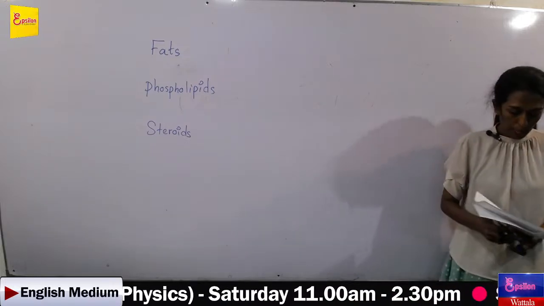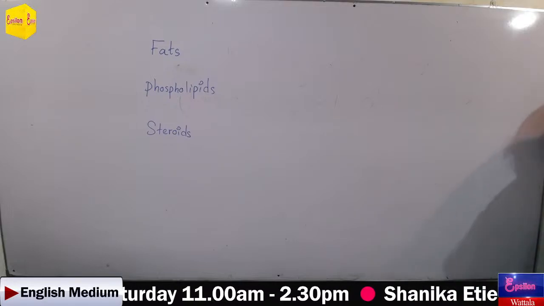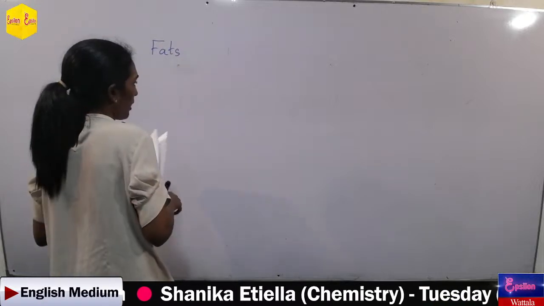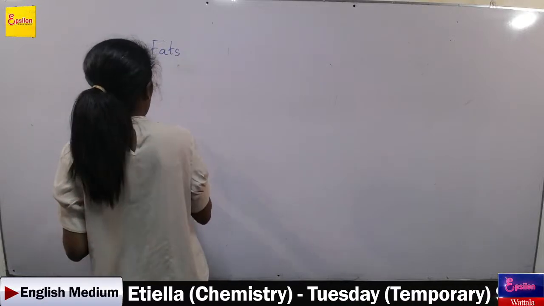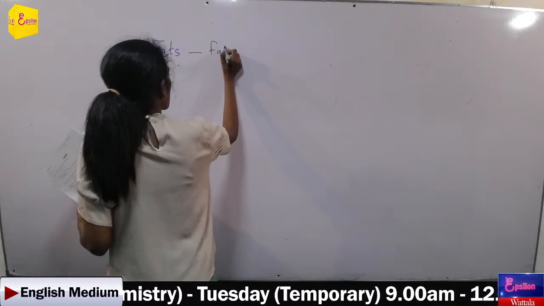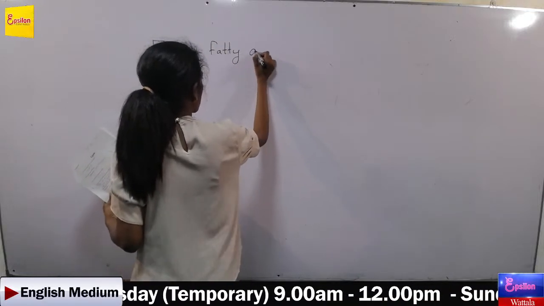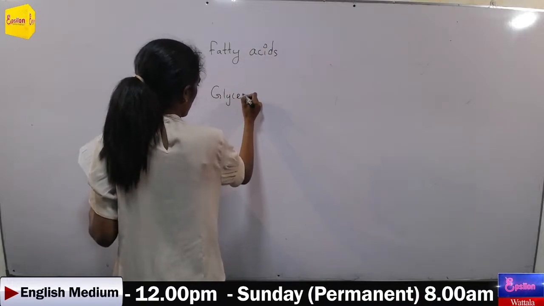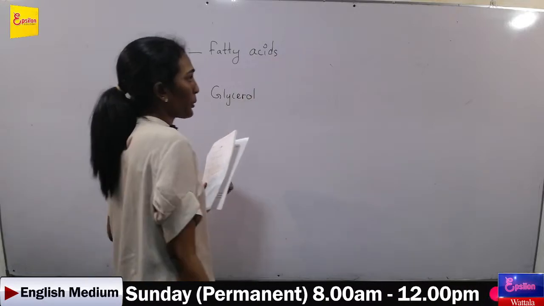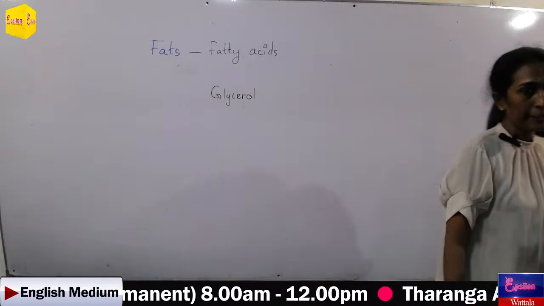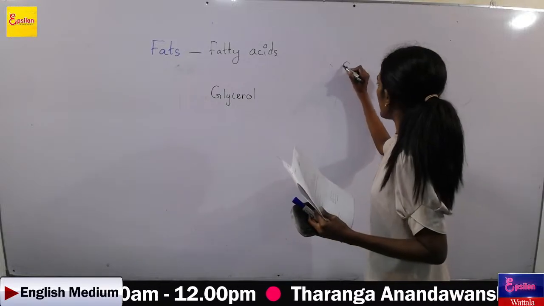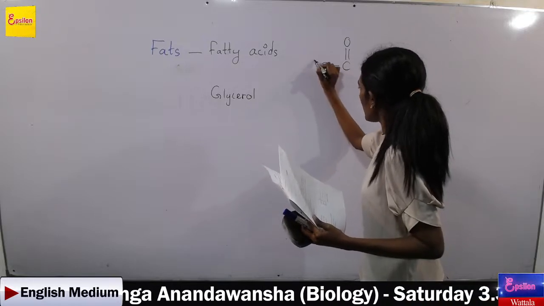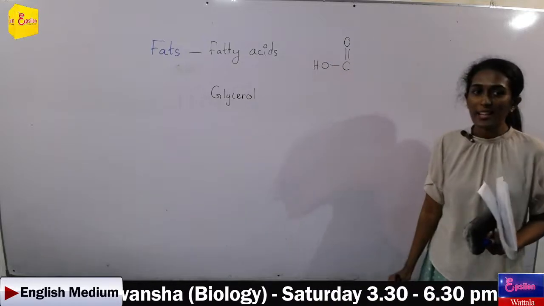Right. So we are going to talk about fats now. Fats are made up of two types of molecules. We call them fatty acids and glycerols. I'm going to draw and show you the structure of the fatty acid. A fatty acid has a C double bond O, OH group. Now, those who were there in the class know what this is.